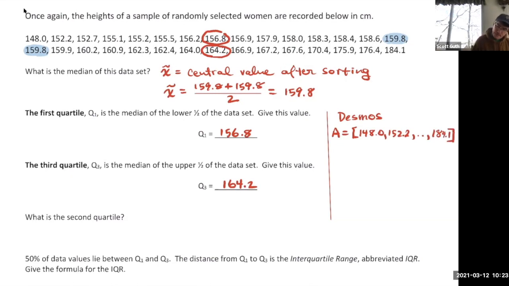Okay, and just to remind you, there's a command for the min, so you could say min of A. That'll give the 148.0.